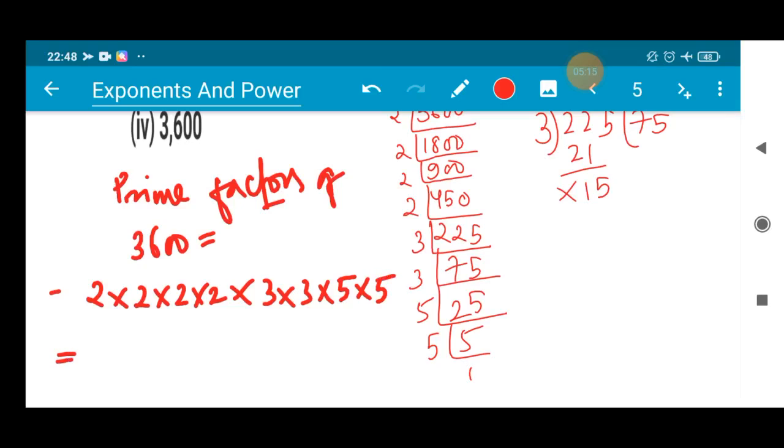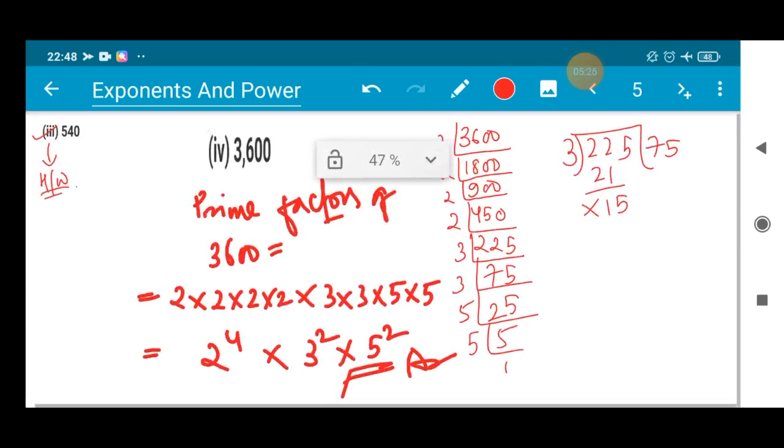So the way of expressing it is 2 to the power 4 into 3 squared into 5 squared. 5 2 times. So this is the way of representing it in the prime factors form.